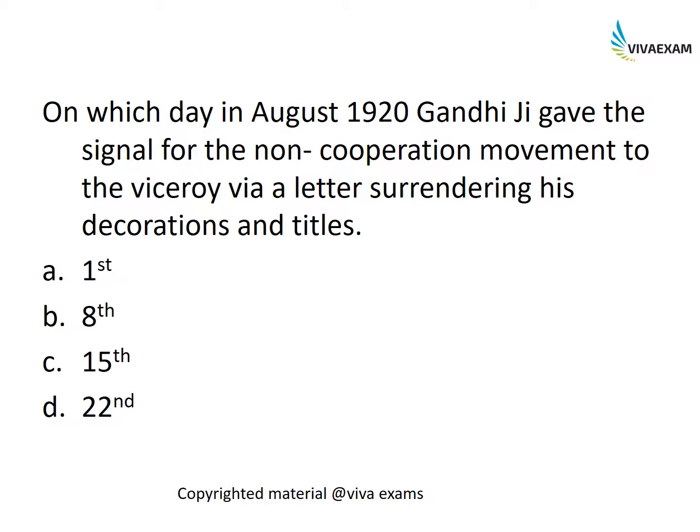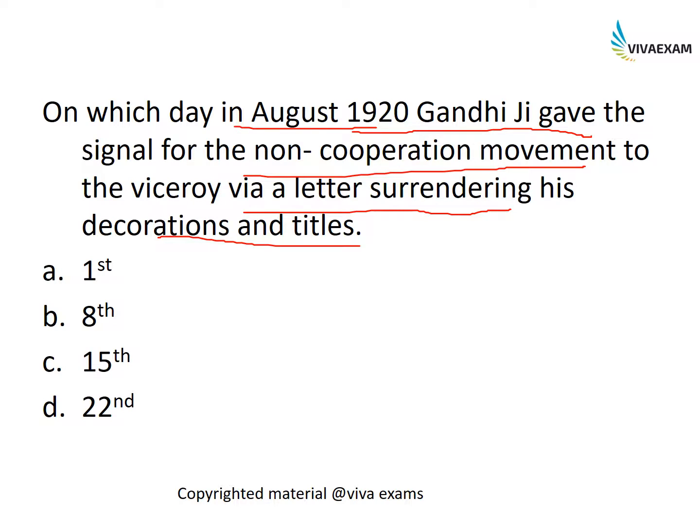On which day in August 1920 did Gandhiji give the signal for the non-cooperation movement to the Viceroy via letter, surrendering his decorations and titles? So basically Gandhiji had this title of Kaisar-i-Hind, which he had got in South Africa, and he surrendered that. Of course, that was one of the preconditions of the non-cooperation movement, surrender of titles.